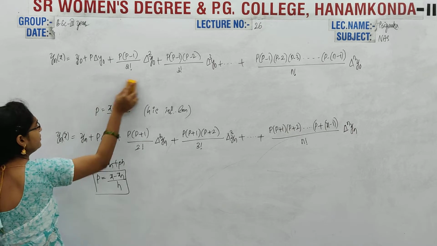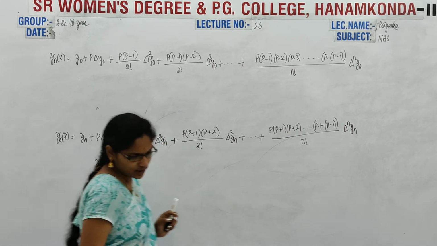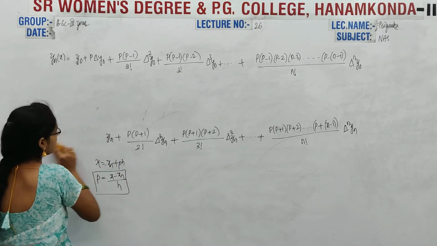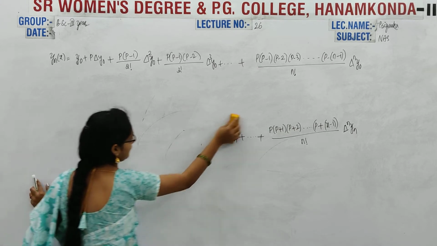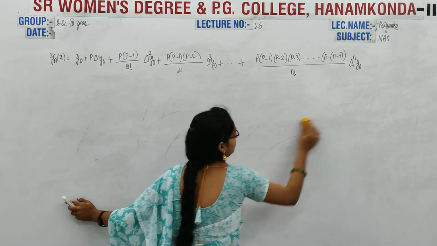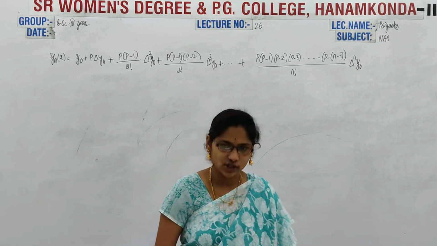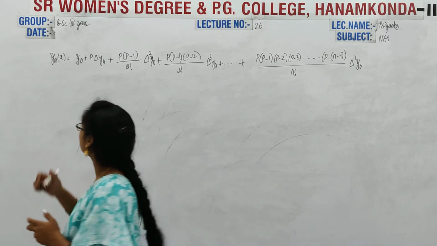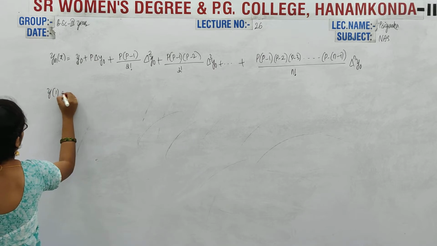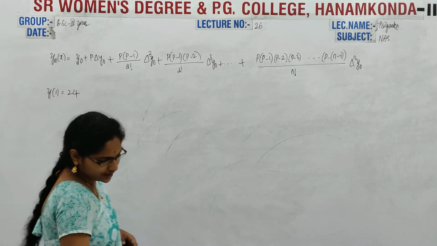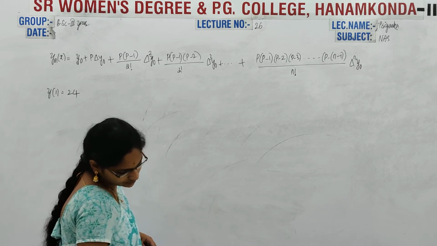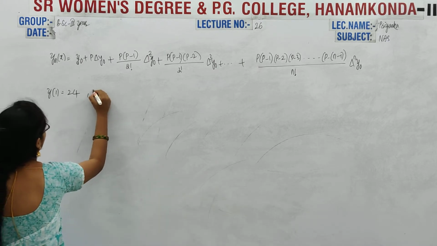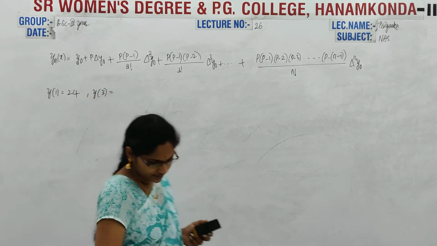Now here I am taking the formula like this. First of all, write down one question. Find the cubic polynomial which takes the following values: y of 1 equal to 24, y of 3 equal to 120, sorry, 120.